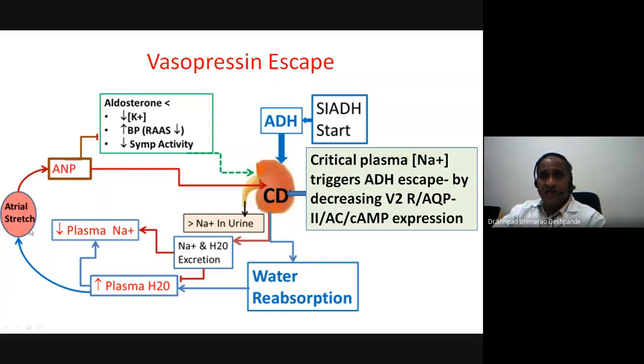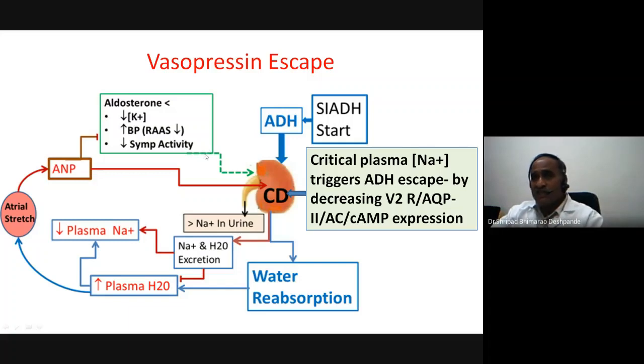The blood pressure increases because of the atrial stretch and because of the antidiuretic hormone, the vasopressin action. The increased blood pressure does not activate the renin-angiotensin system that regulates the aldosterone. Thus, the aldosterone is not activated. Further, because of the increased blood pressure, there is a decreased sympathetic activity via baroreceptor function.